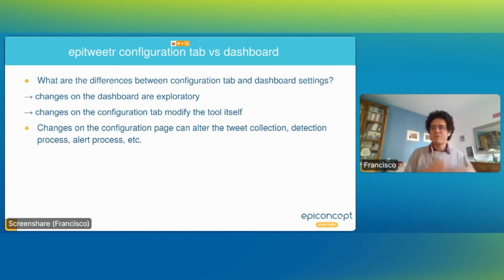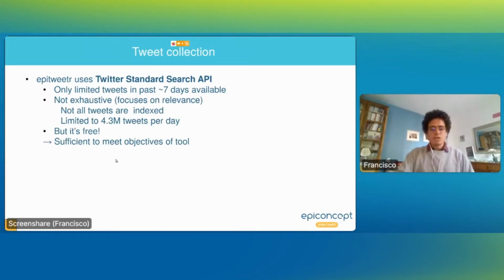It's just exploratory, and everything is calculated on the fly. But in the configuration tab, you will set up the background processes. So if you change something in the configuration page, it will affect how the alert detection process is performed.